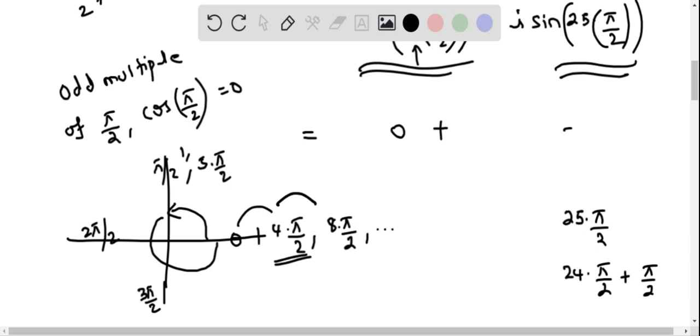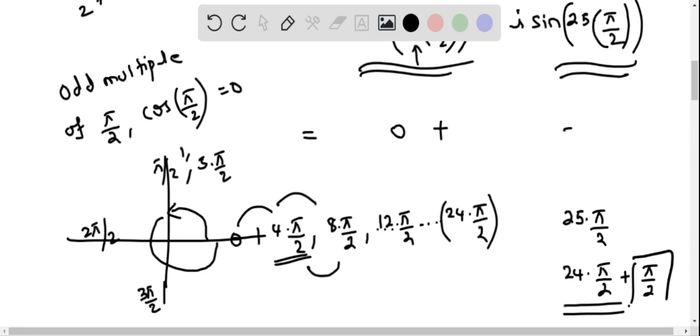So this is 4 times π/2, and this 8 times π/2. So the next value is going to be 12 times π/2. So likewise, at one point, this will be 24 times π/2. Everything is a multiple of 4 times π/2. So at some point, this will be 24 times π/2, which means we have reached 24 times π/2.